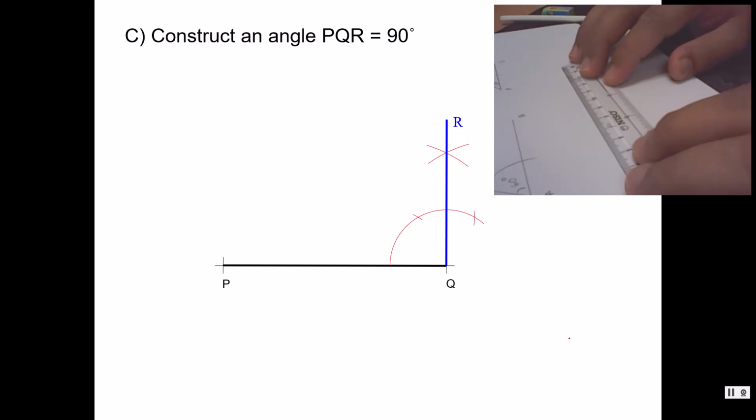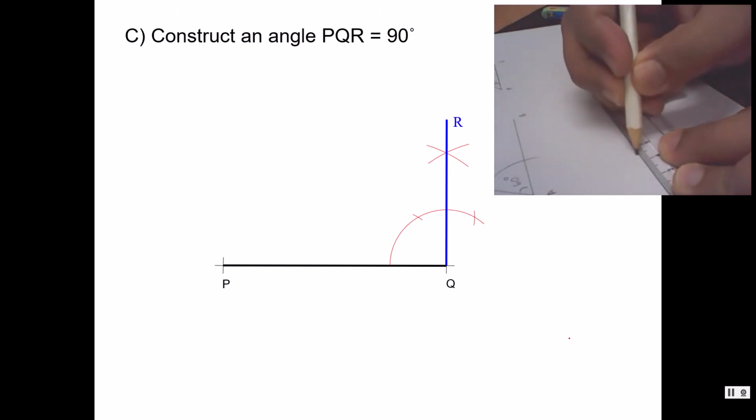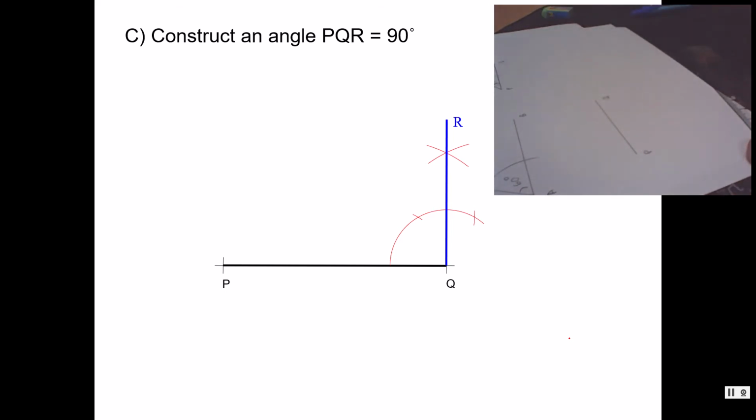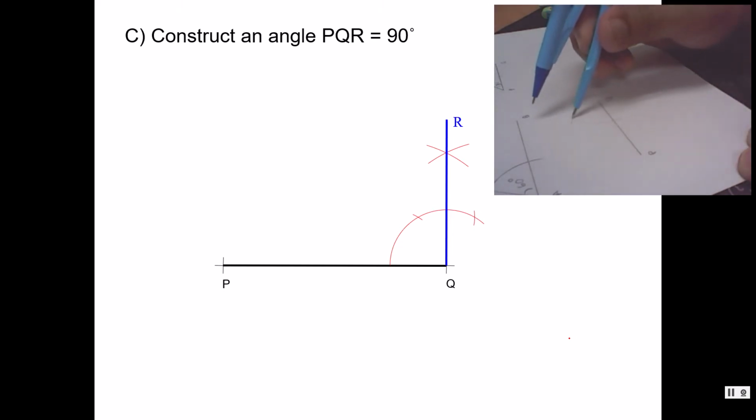Draw a line, PQ line first. From this point Q, you draw one circle, and then from this point that touches the PQ line, you draw one circle, and then from this point you draw another circle.